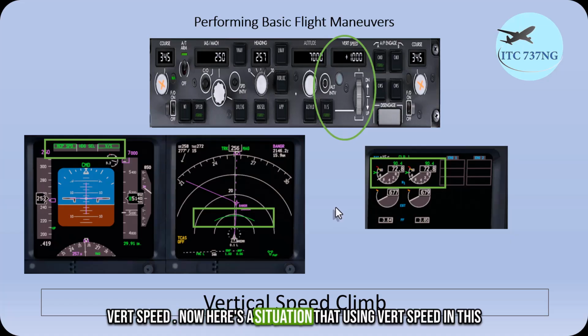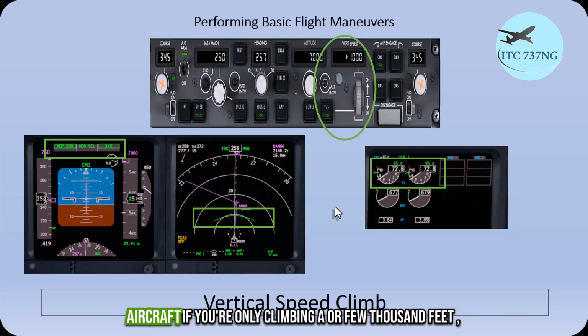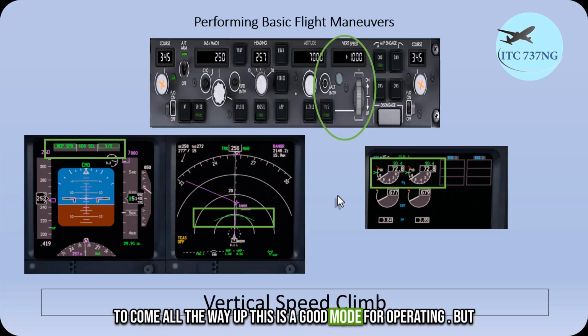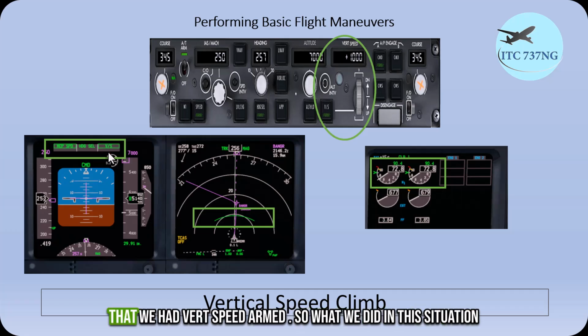Now here's a situation that using vert speed in this aircraft, if you're only climbing a few thousand feet, descending a few thousand feet, and you don't want the power to come all the way up, this is a good mode for operating. But here we go back to not the previous slide, but the one before that. We had vert speed armed.